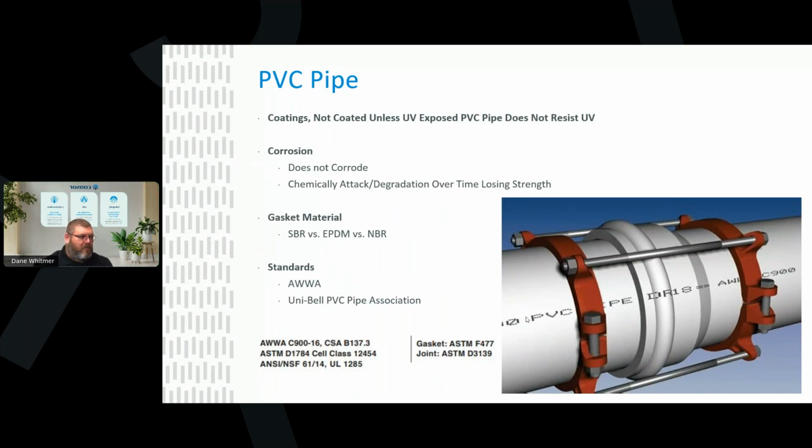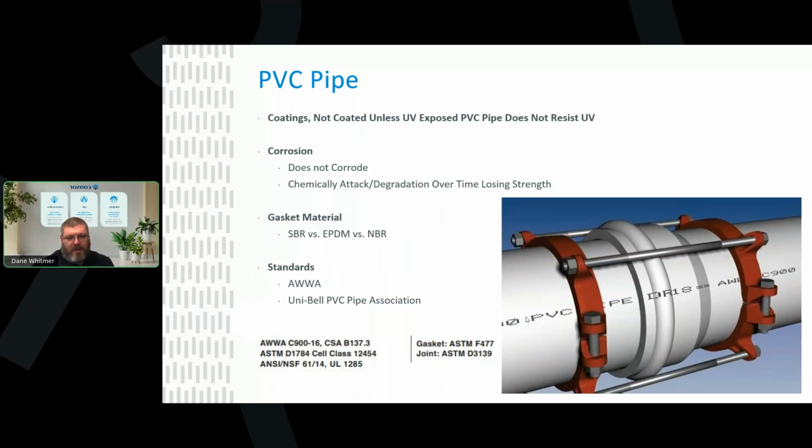SBR is probably the standard type of material that will come in these, but when it comes to water systems, I myself will always spec an EPDM type gasket, because EPDM has better resistance to chlorine, as opposed to something like NBR, which has other trade names like nitrile butyl rubber or Buna-N.